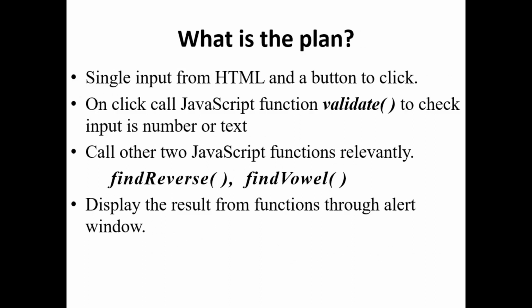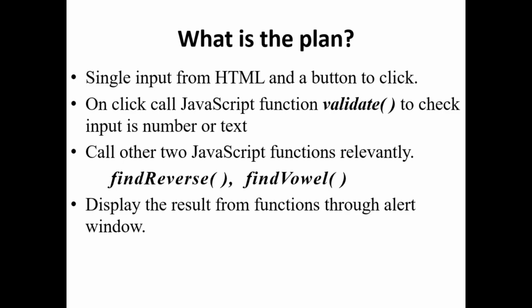Looking at the problem statement, we can make out that we have to make two different programs here. One is to read a string and find the leftmost vowel using string operations, and the other is to read a number and reverse the number. Those are separate programs, but using a small plan here, we can combine those two parts of the problem statement and write a single HTML program using JavaScript.